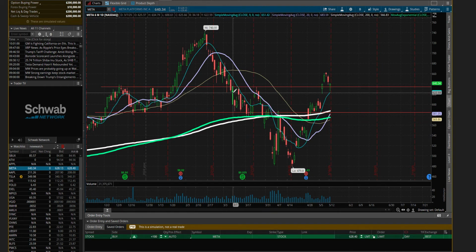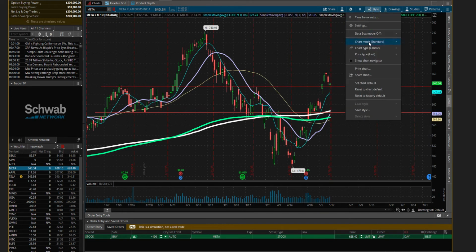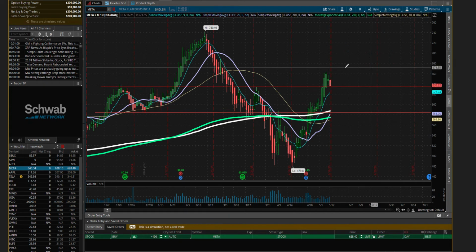See, like you had this big old sell-off. It sold off and it was one big red bar at one point, and then it closed back up here and went green again. But then when you change it to Heiken Ashi, it's just a big sell bar.